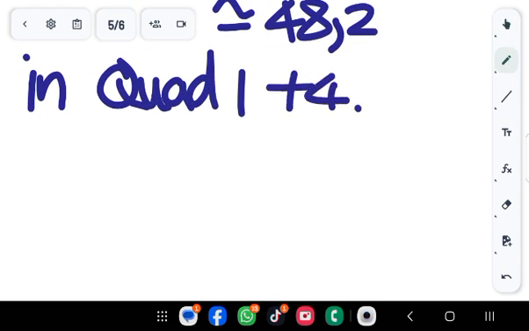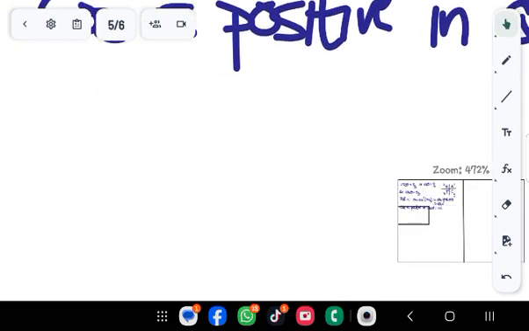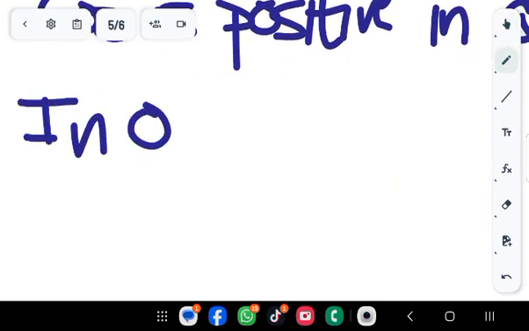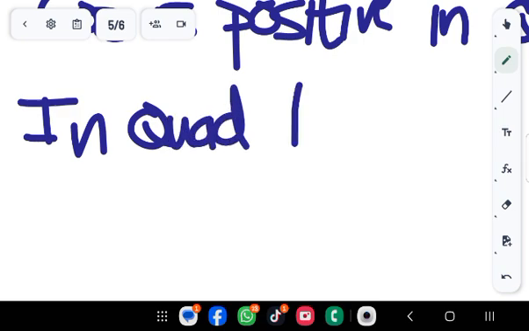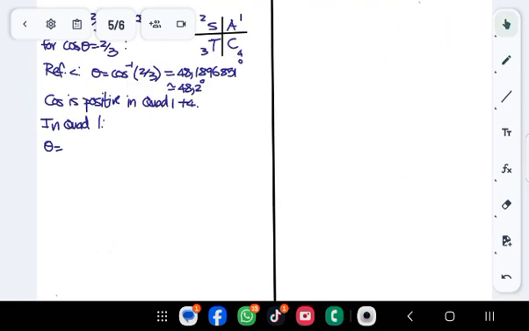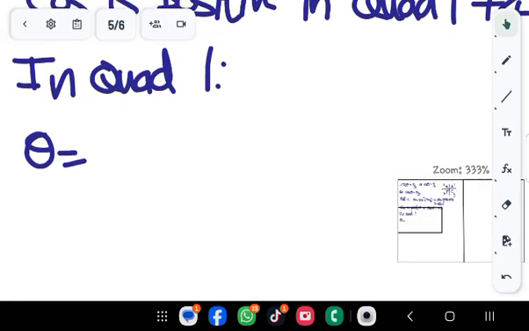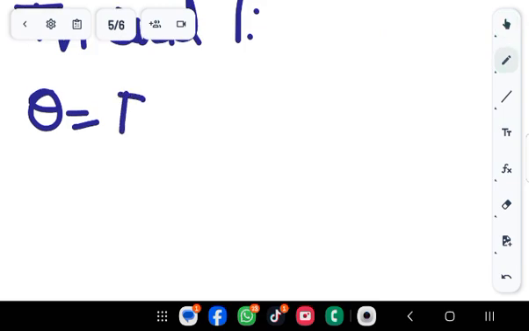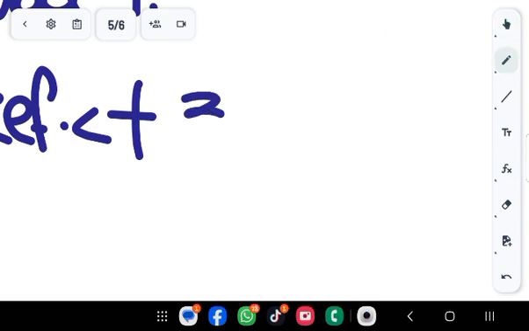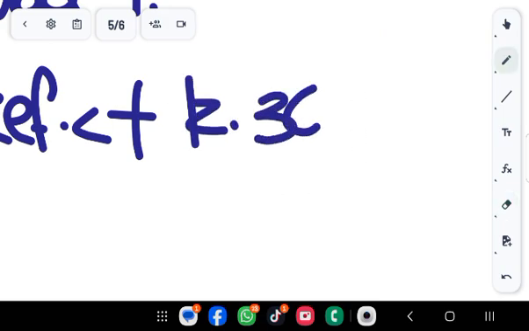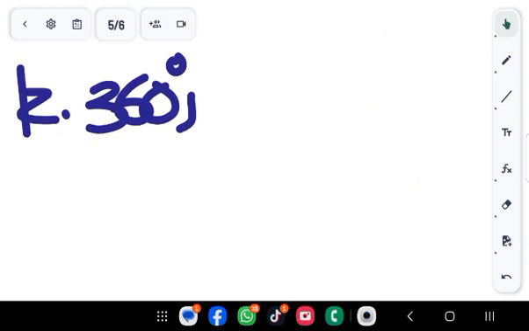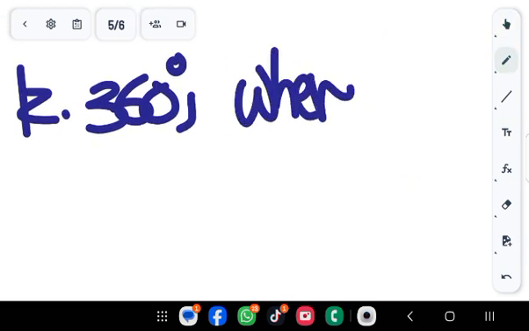In quadrant 1, theta simply equals the reference angle, because it's in the first quadrant, plus k times 360, where k is an element of integers.